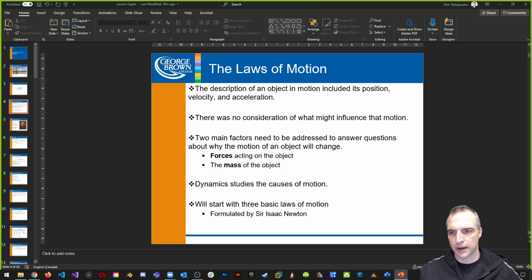So again, when we describe an object's motion, we describe its position, velocity and acceleration. Those three aspects of an object's motion are really important. And if I was going to program this in SDL, what we talk about when we talk about physics in game programming is really rigid body dynamics, and collision detection.